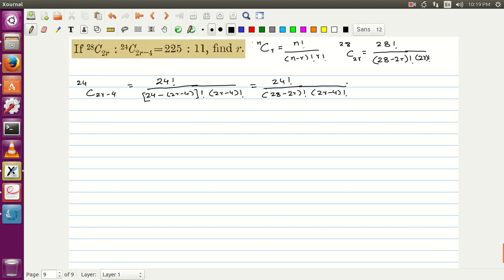Right, and now we are given the ratio of these two numbers. So let us put these numbers in ratio form.